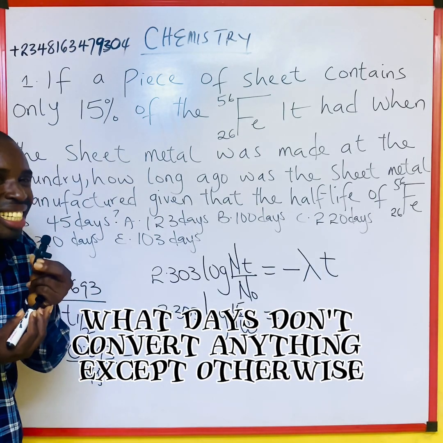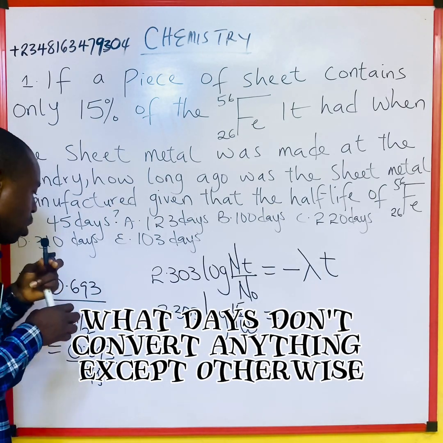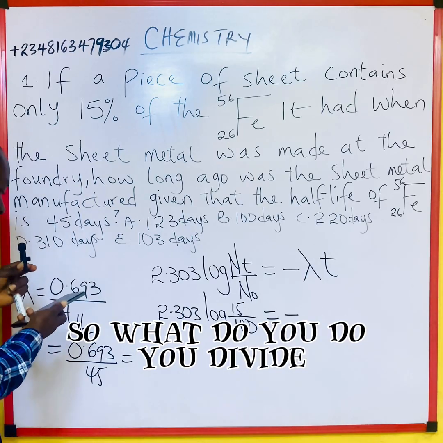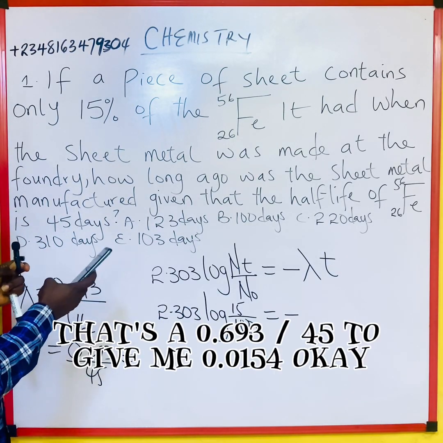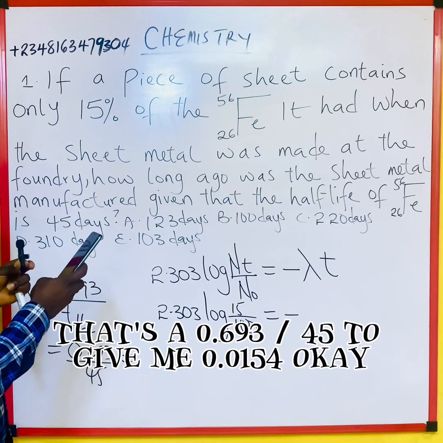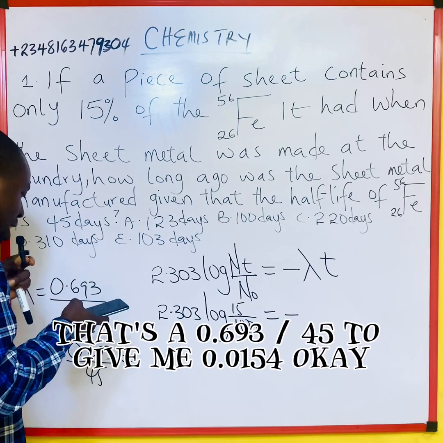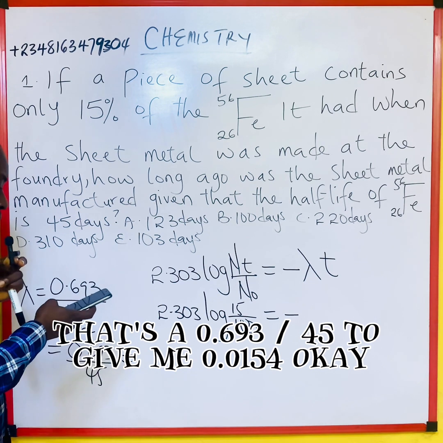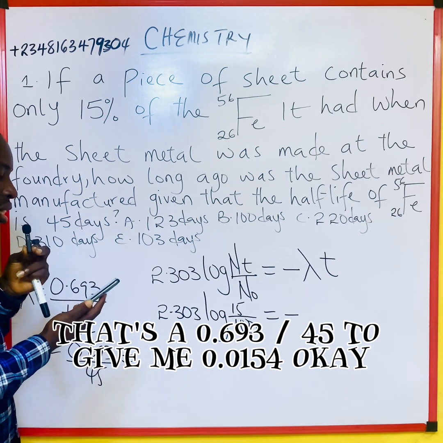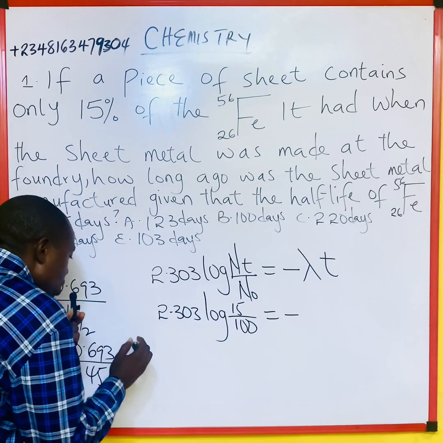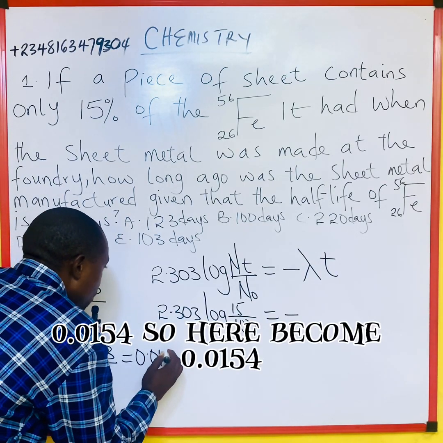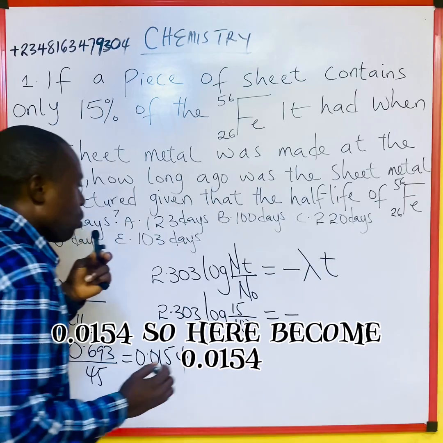Don't convert anything unless otherwise stated. So what do you do? You divide 0.693 divided by 45 to give me 0.0154. So here becomes 0.0154 multiplied by time.